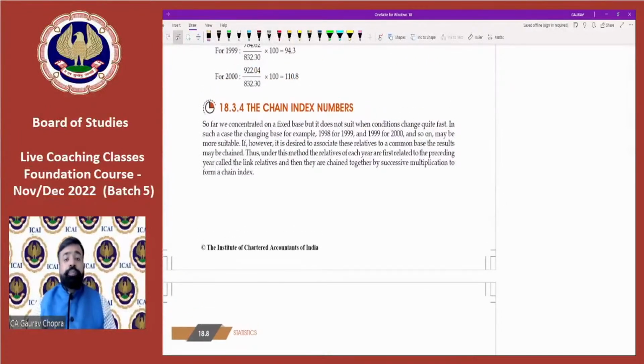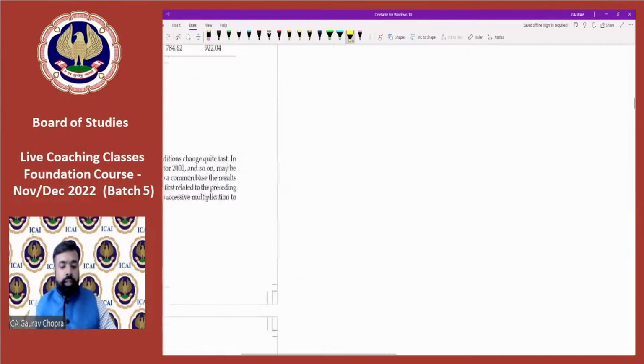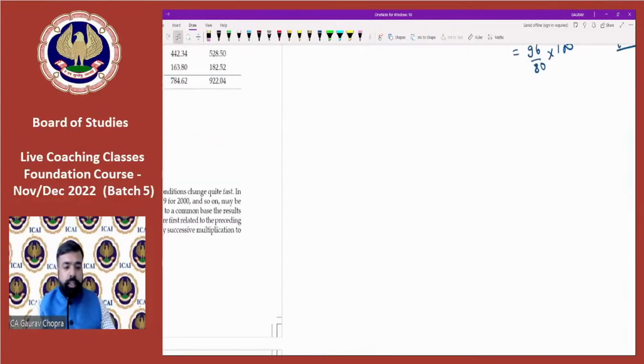So now we can move forward towards the chain index number. Let us take an example. We can write two things. One is the fixed base index number, and the second one is the chain base index number.